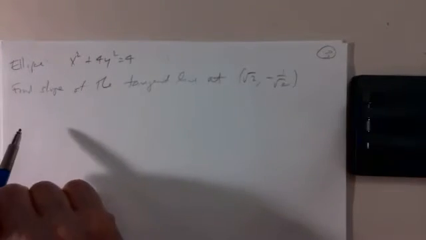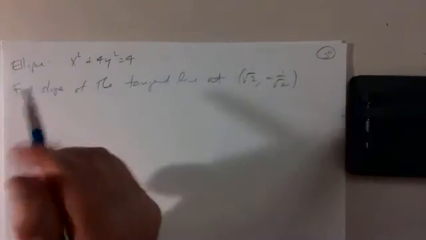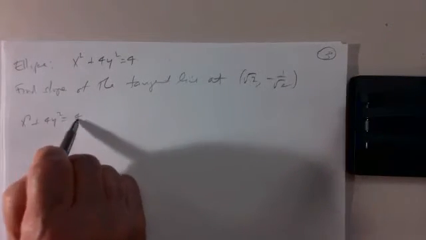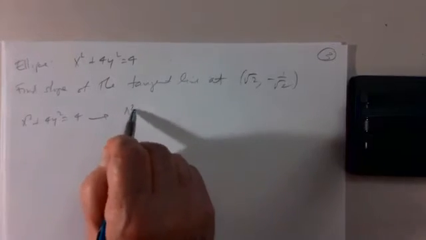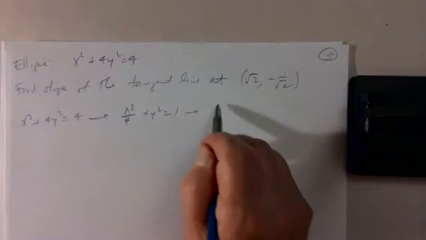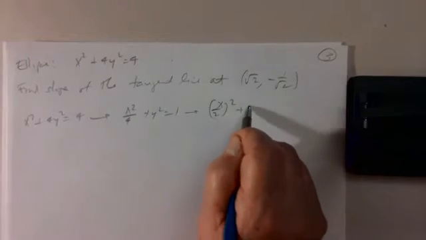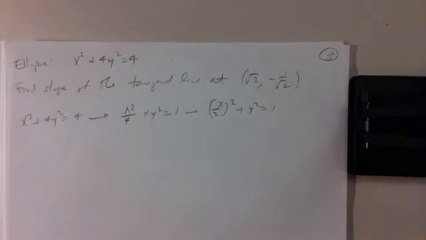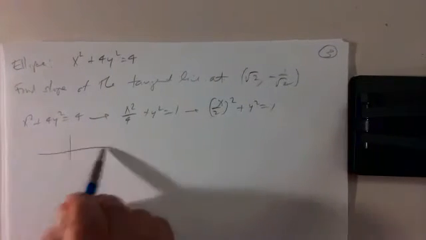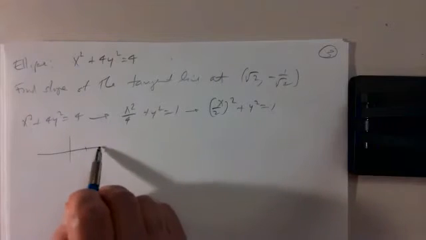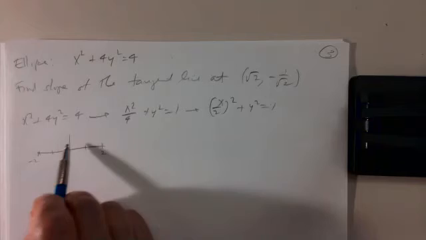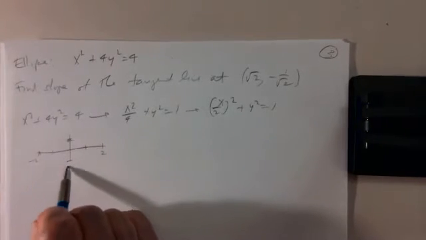So before I do the calculus, let's just draw a picture so we can see what's going on. x squared plus 4y squared equals 4. If I divide by 4, I get x squared over 4 plus y squared equals 1, or (x over 2) squared plus y squared equals 1. So in pre-calculus, you're supposed to learn the equation of an ellipse. This is an ellipse where the major axis is from -2 to +2, and the minor axis is from -1 to 1.